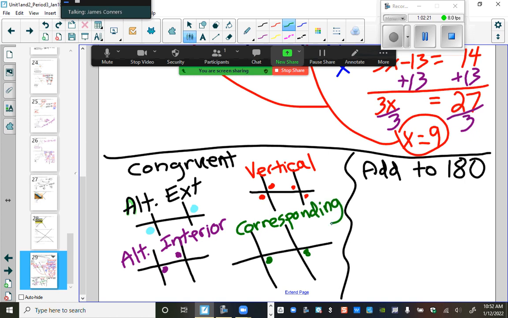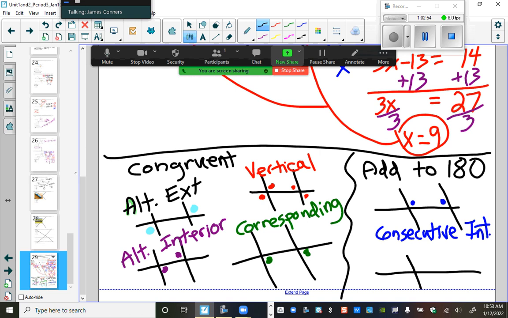And then the add up to 180, you have it in two cases. You were about to say it the first time. That's the consecutive interior. Good. And the other case would be when you have a what pair.